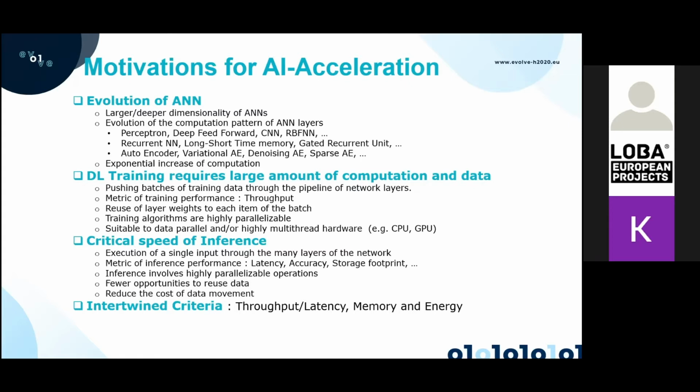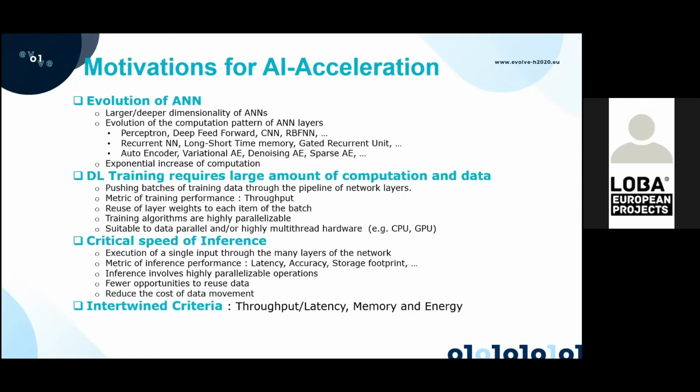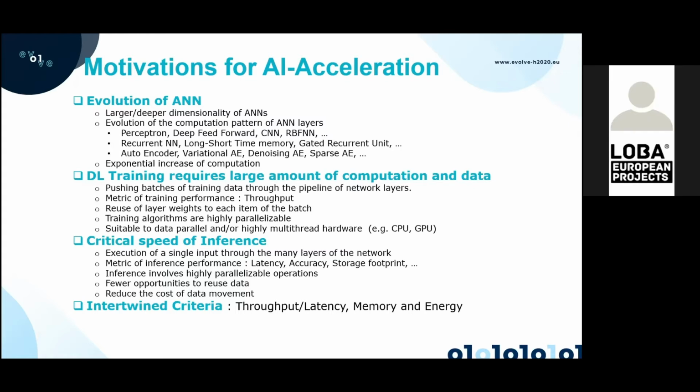In terms of the computation pattern, there are also a lot of evolutions and different types of ANNs, as reported here: feed-forward ANNs, recurrent ANNs, autoencoders, etc. There are a lot of evolutions in the topologies and functionalities of those artificial neural networks, and it results in an exponential increase in computations.